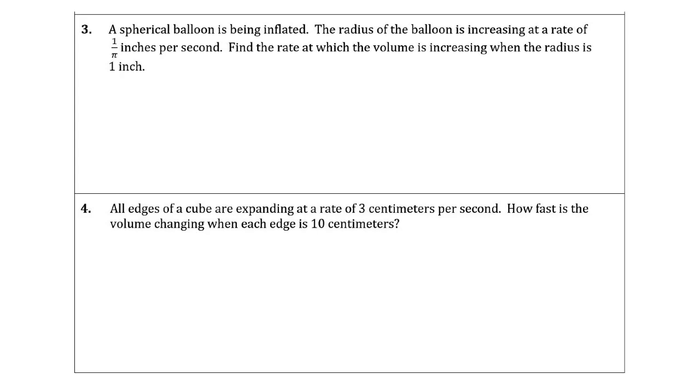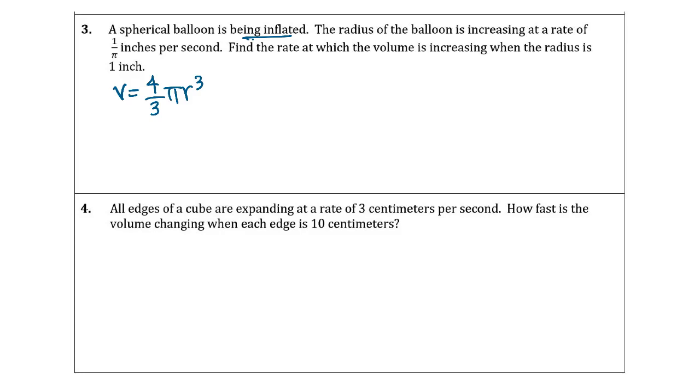Our next problem, we're given a spherical balloon, and that balloon is being inflated, so that is going to indicate volume. So our volume formula, and don't worry about having to learn these formulas, they'll be given to you. And so there's our volume.